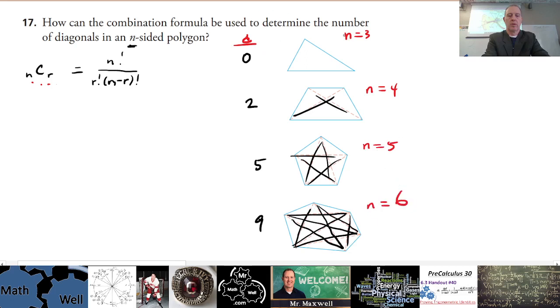Okay, so we have diagonals and we have n here. The thing that we have to figure out is r and how to get d from given n, okay? So when we make a diagonal, you have to draw a line from a vertex to a non-adjoining vertex.